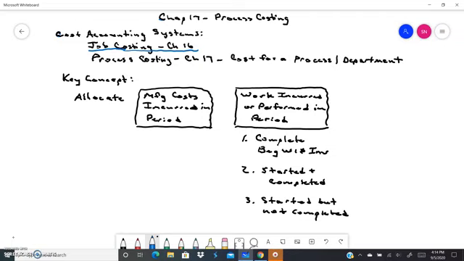In this case, we don't have jobs that are finished up, nice and tidy. What we have is process costing. So what we're doing is really looking at the cost of completing a particular process, or cost of goods that are coming out of a department and moving into another department or moving into finished goods.